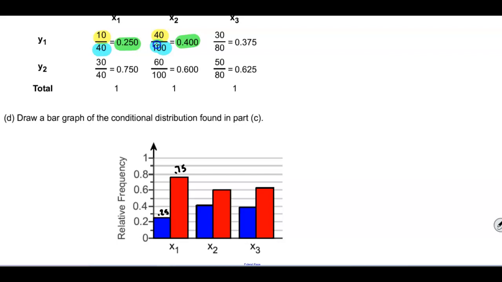Then 0.75 represents column x1, row y2. Likewise, the next pair is 0.40 and 0.60. And the last pair is 0.375 and 0.625.